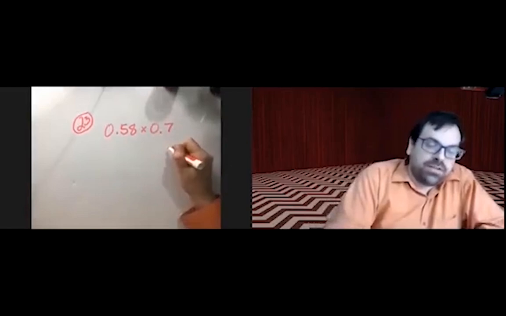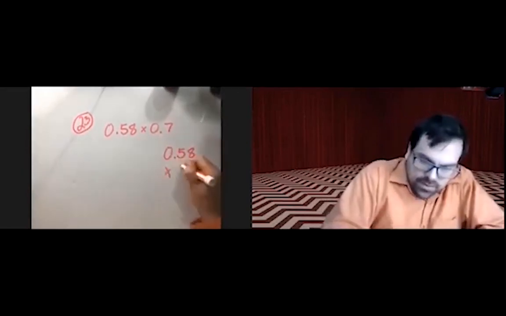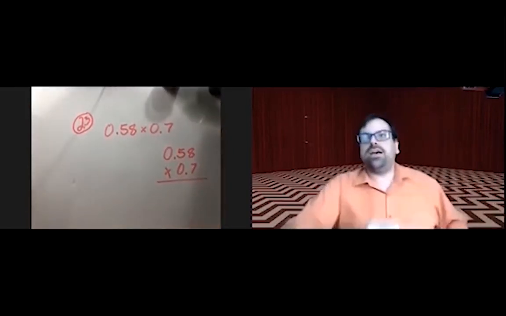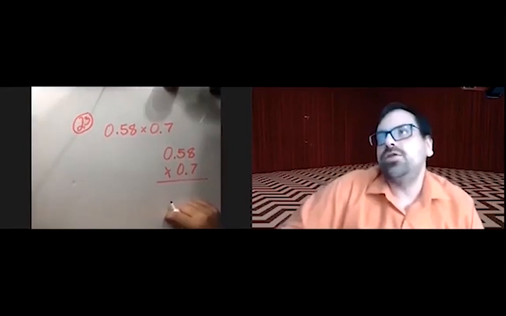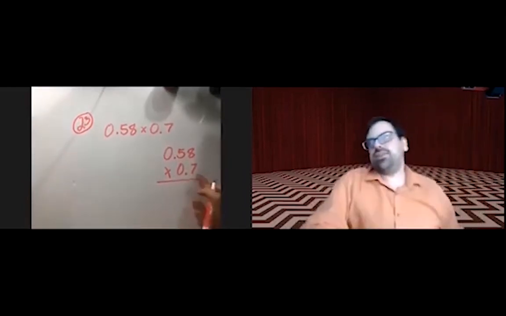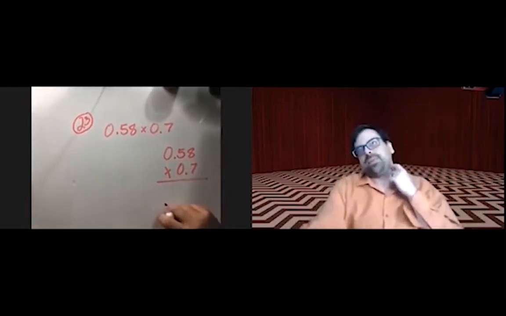Well, when we multiply, we do not line up the decimals. We right-justify, just like an addition or subtraction problem with whole numbers. Most digits times least digits is how I set it up.